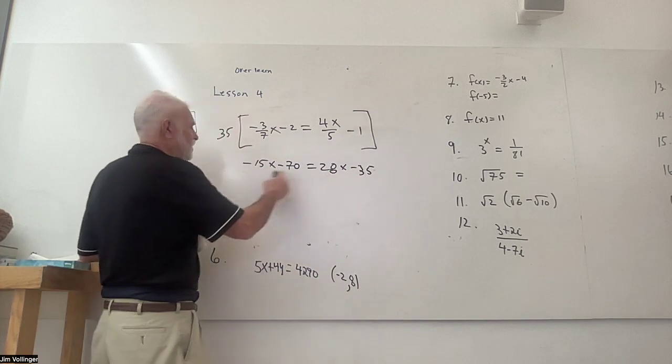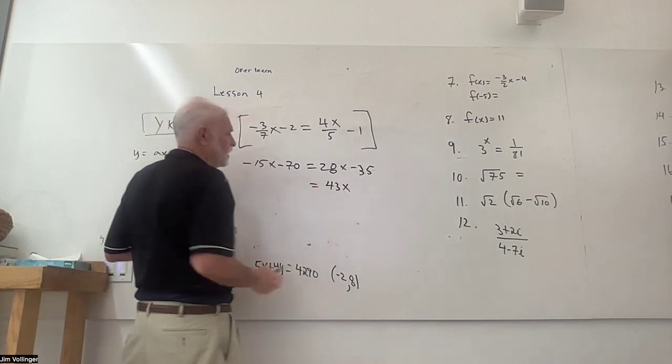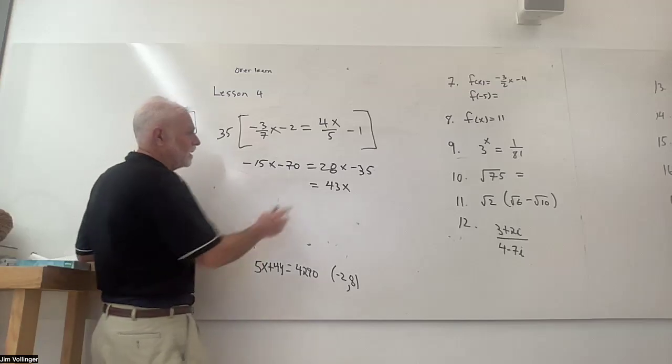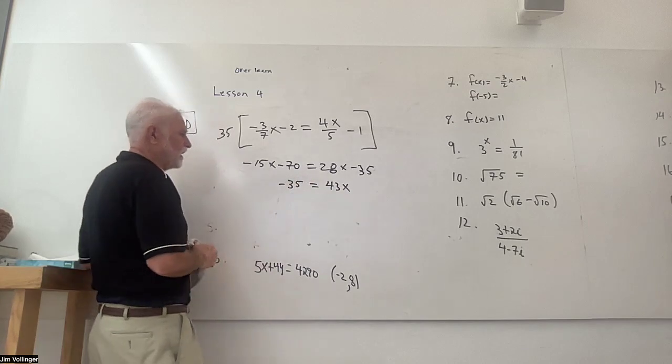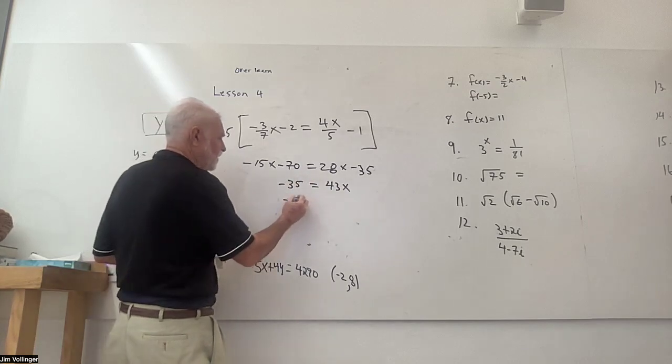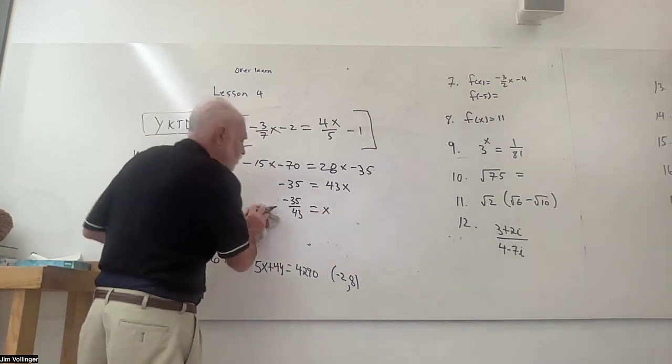Let's get positive x's, so let's bring the 15 that way. 43x must be something. I thought that was what I had the last time. Add 35 to this, and I get minus 35 on this side. And so minus 35 over 43, there's my small negative number. I'm assuming I'm right. Move on.